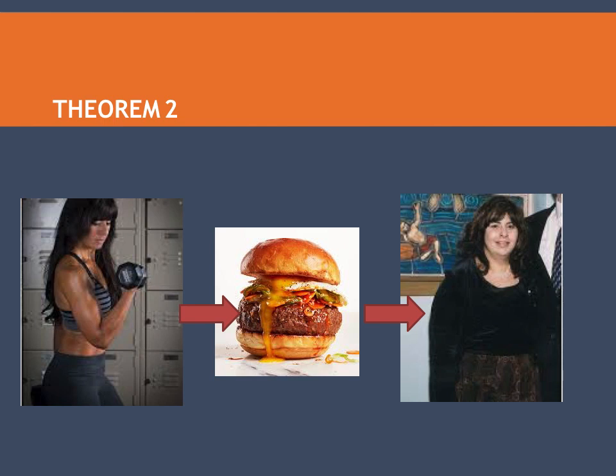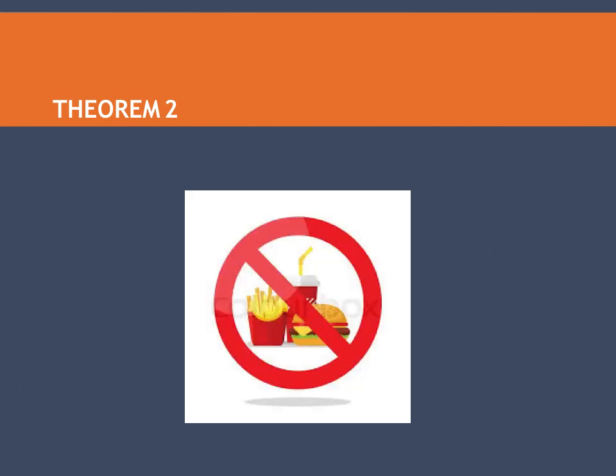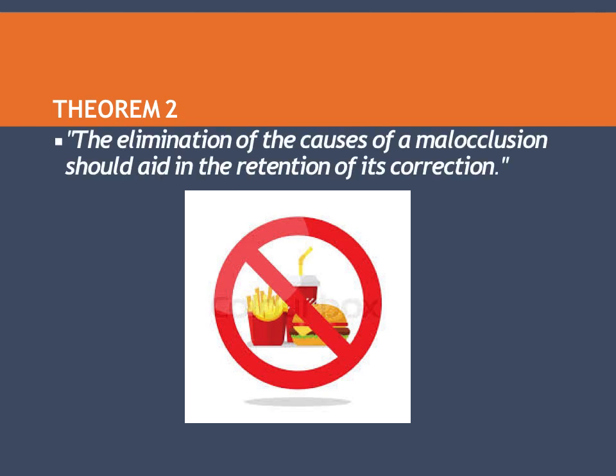Because the main cause, the etiology, that is the food, has not been eliminated. So it points out to the fact that the elimination of the causes of a malocclusion should aid in the retention of its correction. So basically, the etiology needs to be eliminated for you to avoid relapse.